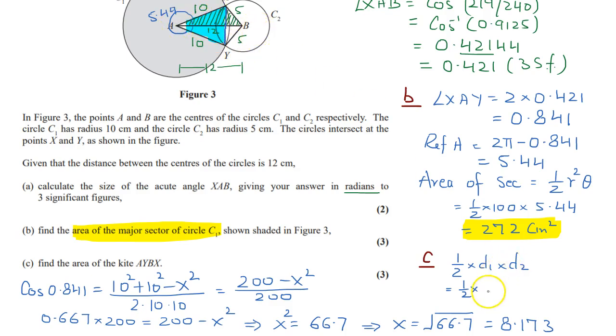This diagonal is 12 and this diagonal is 8.173. So that will be equal to 49.038. So the answer will be 49.0 centimeter square. So that is part C.